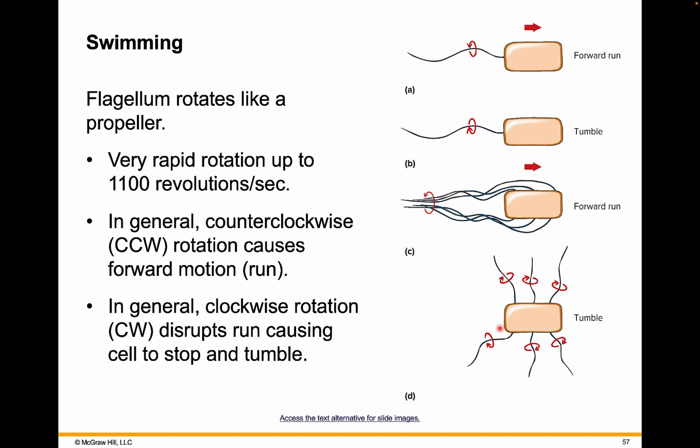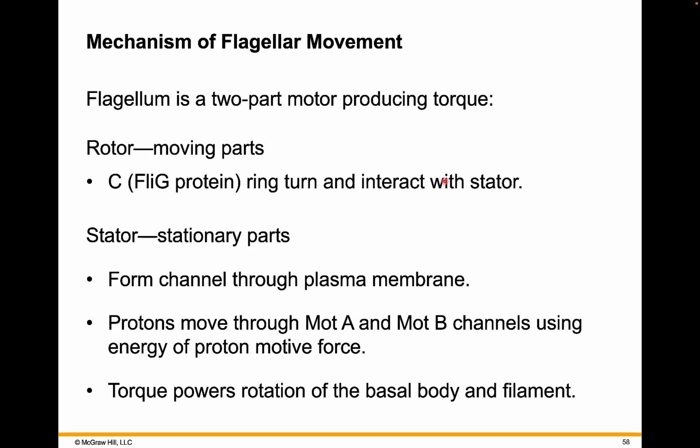You can see that these are different types depending upon the flagella. This is a monotrichous polar flagellum, whereas here it's all over the place. This is a peritrichous flagella, and when they go anti-clockwise, they have a forward run, but when they go clockwise, they tumble. These types of movements are found.